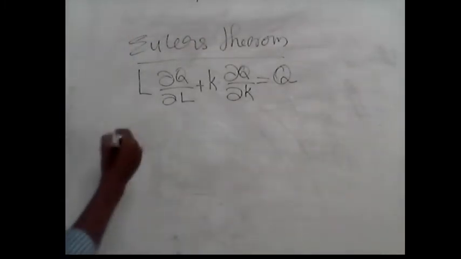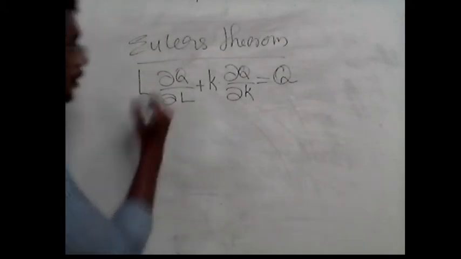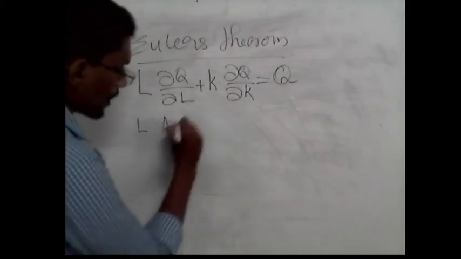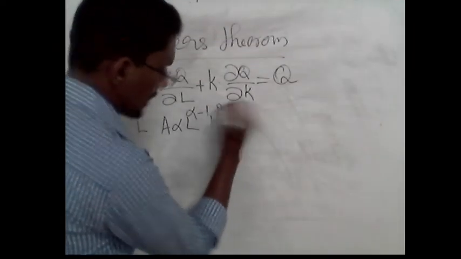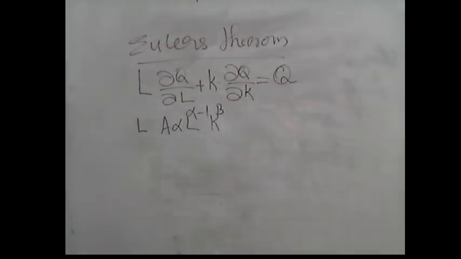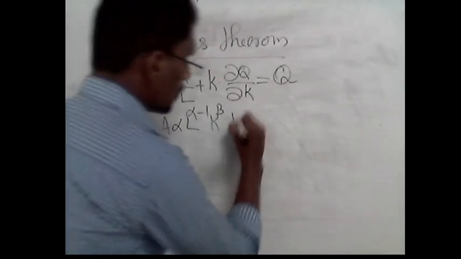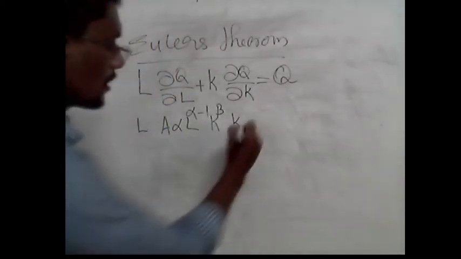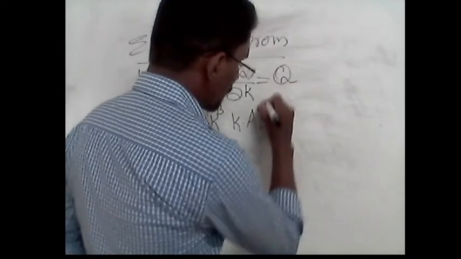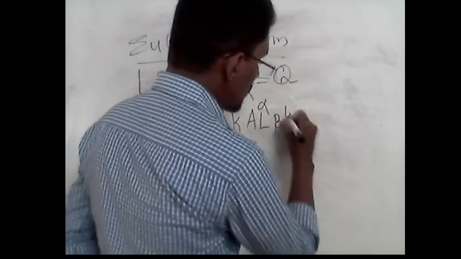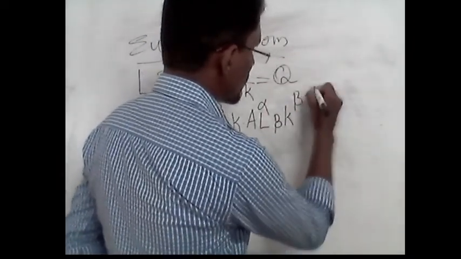Here L into dou Q by dou L means A alpha L raised to alpha minus 1 K raised to beta, and K into dou Q by dou K means A L raised to alpha beta K raised to beta minus 1.